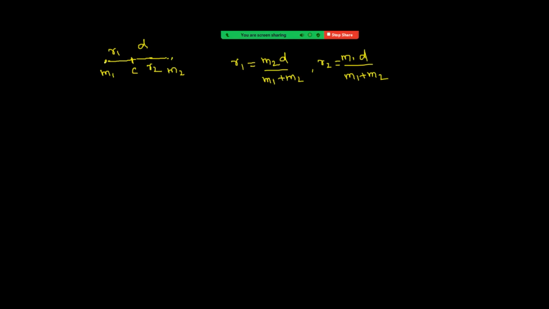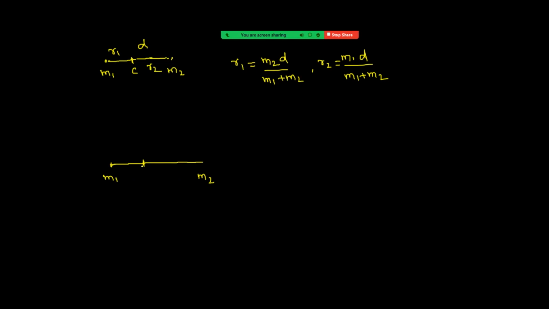Now see what happens. m1, taking the center of mass as center, revolves in a circular path like this, and m2 about the same center of mass. Let us make a diagram separately. Suppose this is m1 and this is m2, and this is the center of mass.